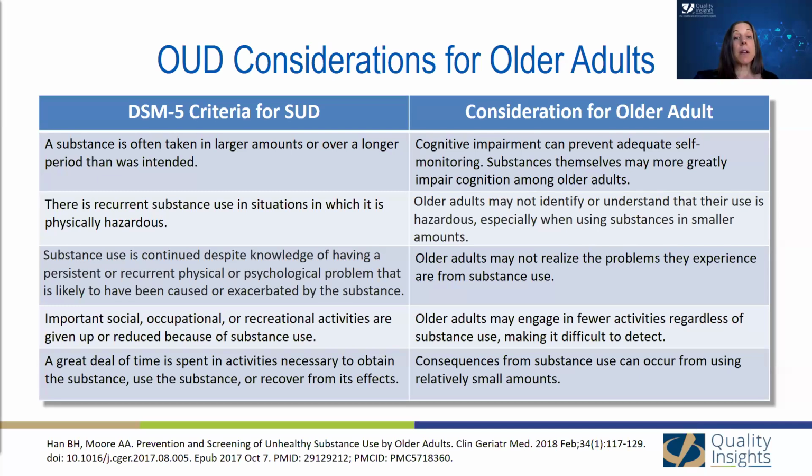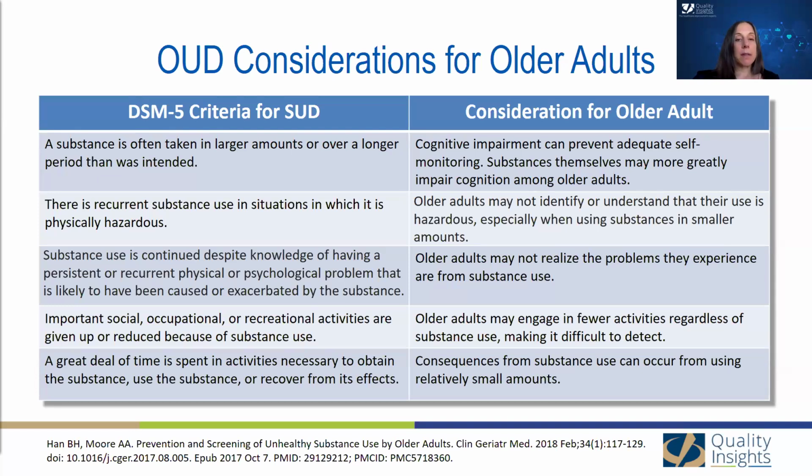Older adults may not understand that the use is hazardous. They may not realize that some of their problems are from substance use. They might be falling asleep. They might be having falls. They don't realize that some of their difficulties are due to substance use.